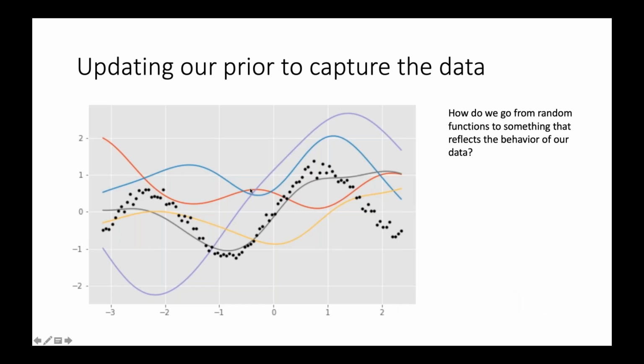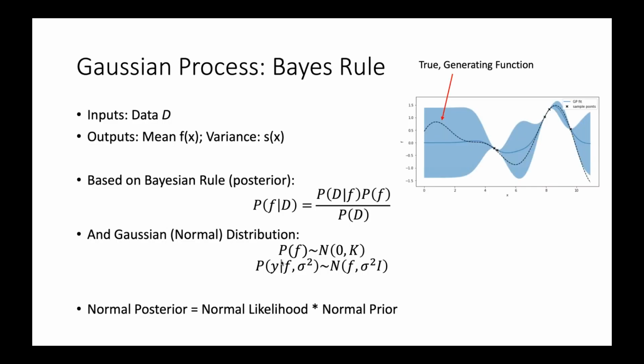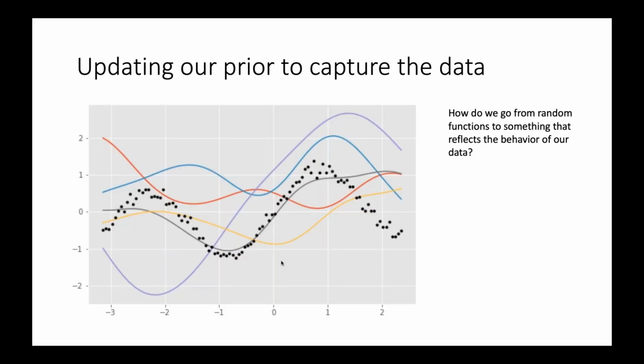Okay, so the question, of course, becomes, how do we go from generating this random set of functions to having something that actually fits our data? So the first thing that we're going to need to do is take our assumption about the prior in terms of how we believe our data generally behaves, and that we think is an appropriate fit to the types of features that we might expect to observe.